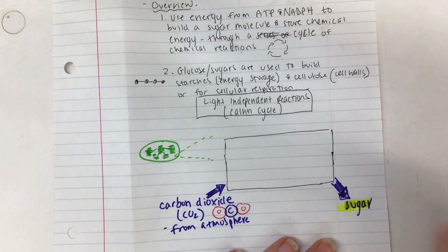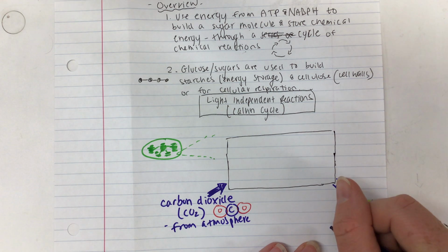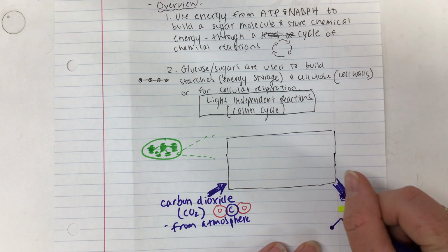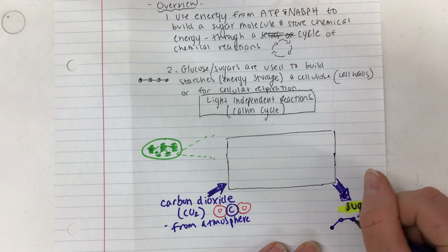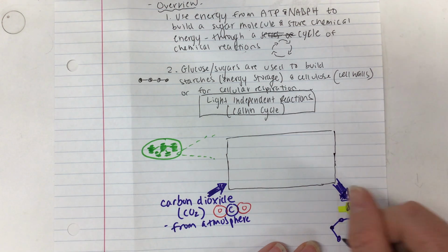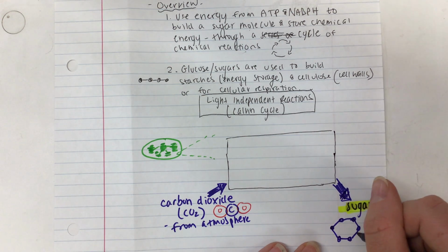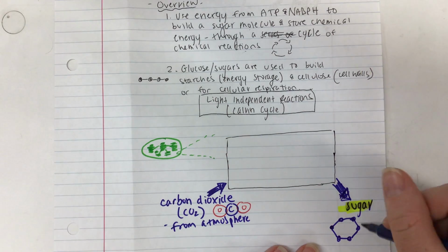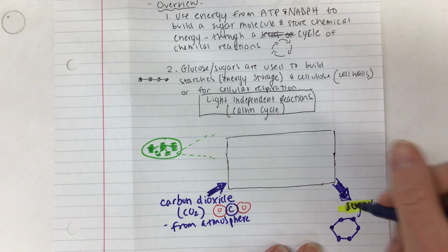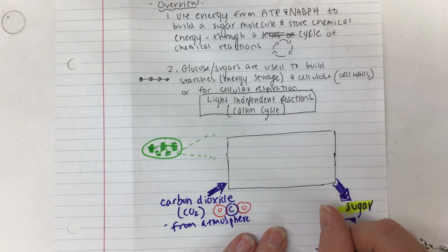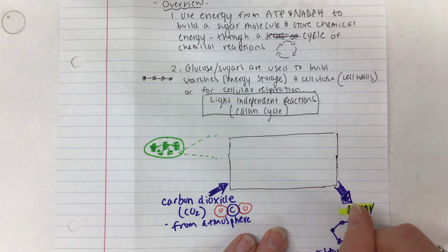Okay. And what it's going to look like is it's a 6 carbon molecule. So 6 carbons. And those 6 carbons have all these hydrogens, oxygens poking off of them, but we'll leave it like that for now. And it's stored or used by the plant.